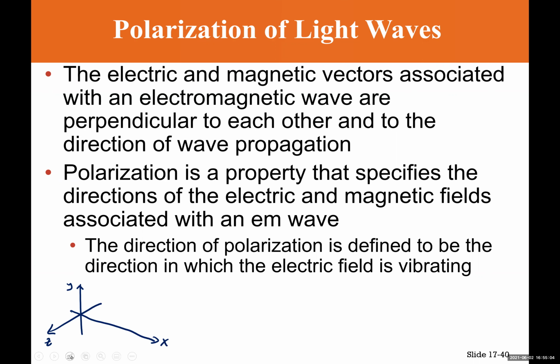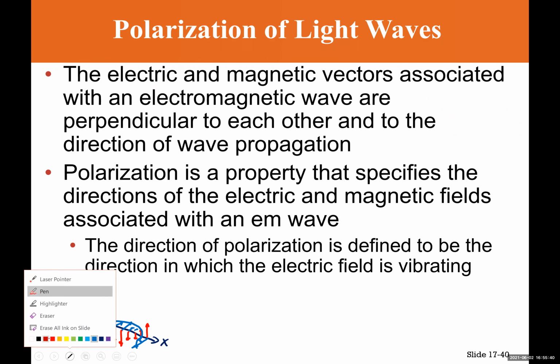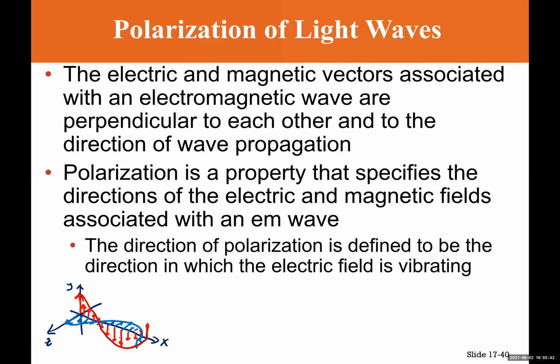And here is the electric field, which is generally considered to be vertical and oscillates with time, right? And this is the magnetic field, which also oscillates with time. If I do this, you can see that we have the wave pattern of the electromagnetic wave.